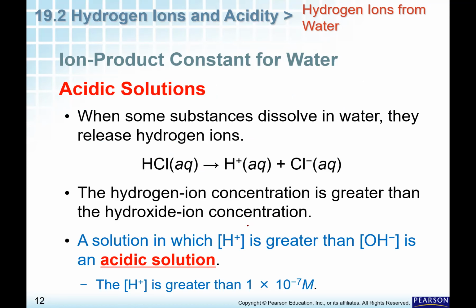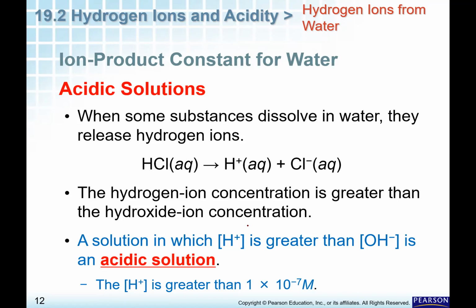If the H+ is higher than the OH-, the solution is an acidic solution, and in that case the concentration of H+ is greater than 10 to the minus 7.